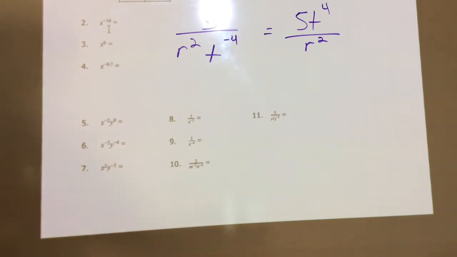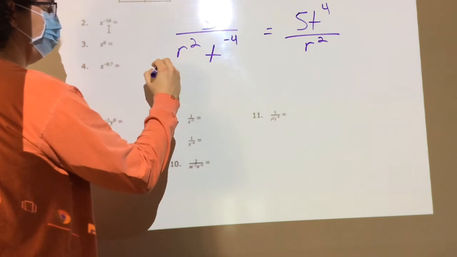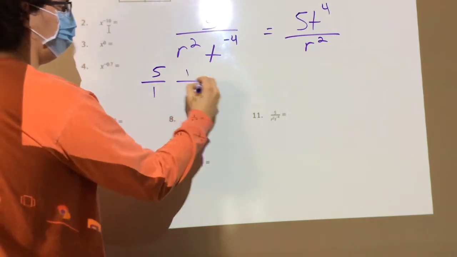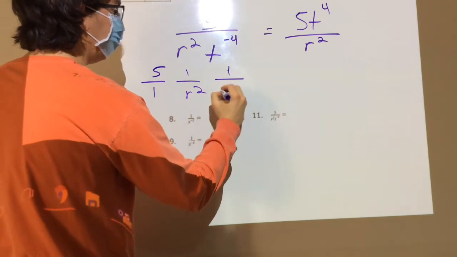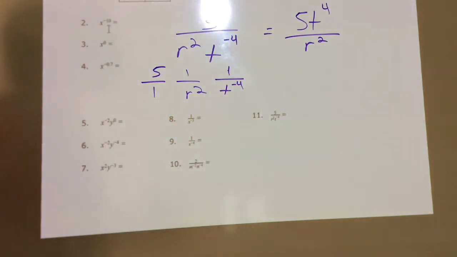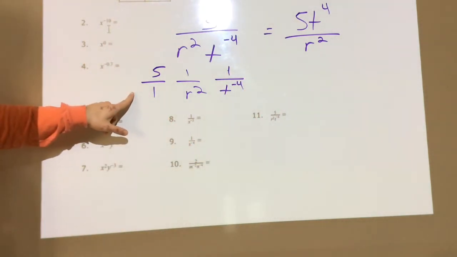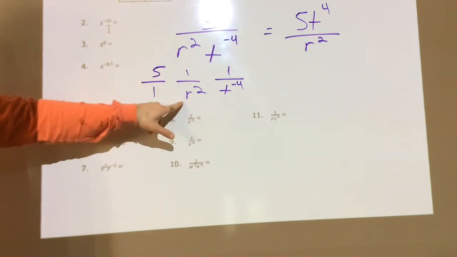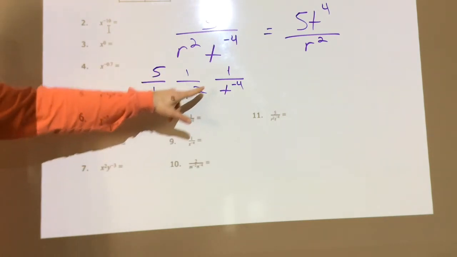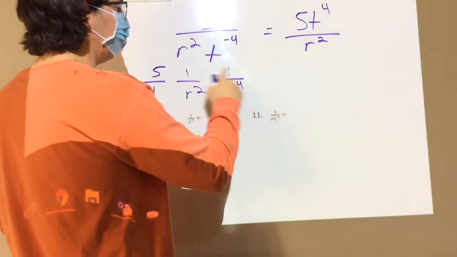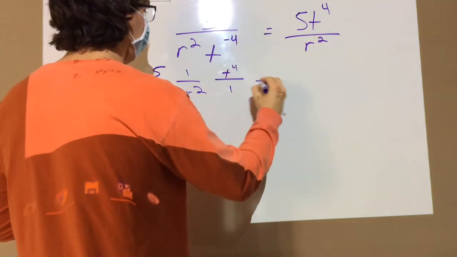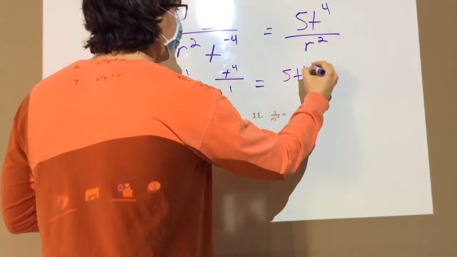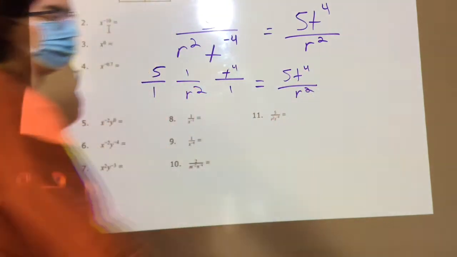Okay, let me break it down for you. 5 over what? 1. 1 over r squared, and then 1 over t to the negative 4th. 5 over 1, we're good with that one. R squared, nothing needs to be changed there. Negative 4, we have to flip this to t to the positive 4 over 1, which becomes 5 t to the 4th over r squared.